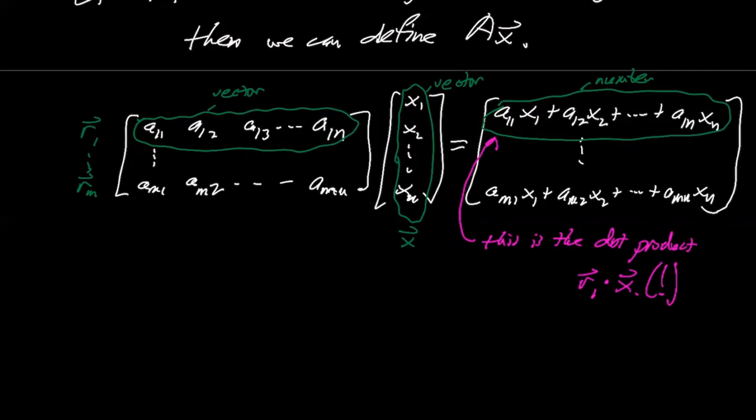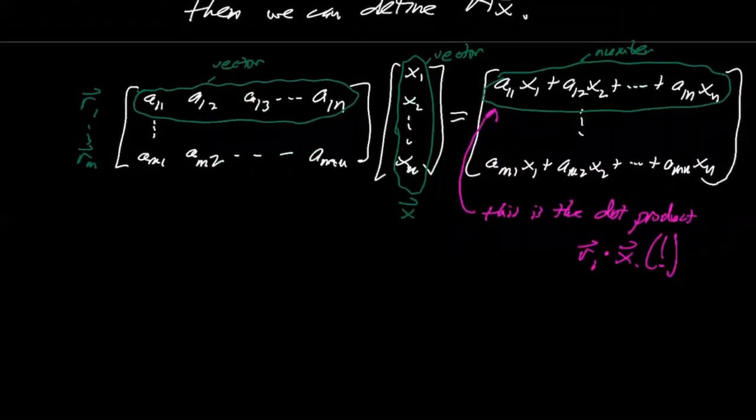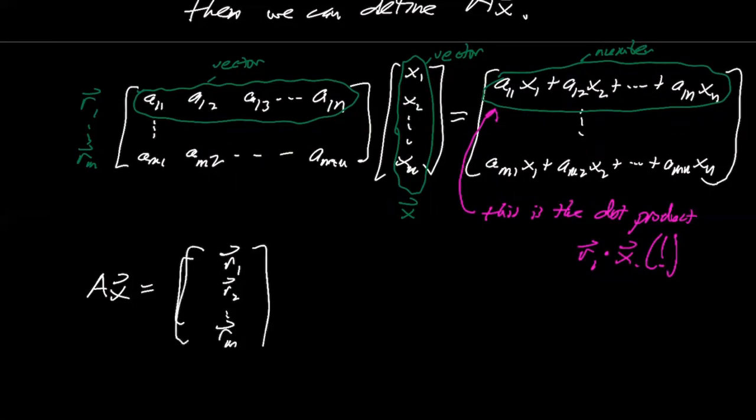If you look at it this way, you could say A times X, where A is the matrix whose rows are R1, R2 through Rm, is like that, times X.